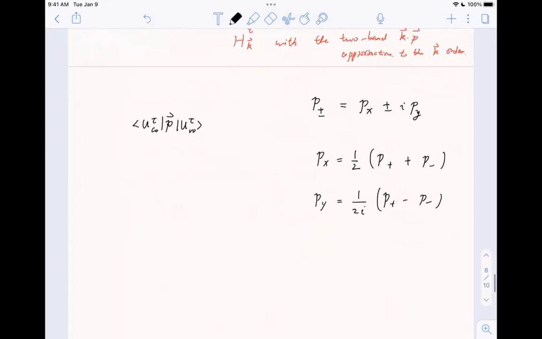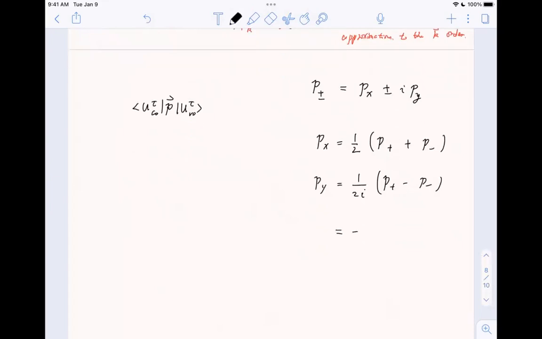These are simple math. But 1 over i is just negative i, so 1/2 times negative i. I want to write it out so that you have a negative i. Here you already see this is 1, this is negative i, so you're already getting the impression that the Pauli matrices are going to come out.